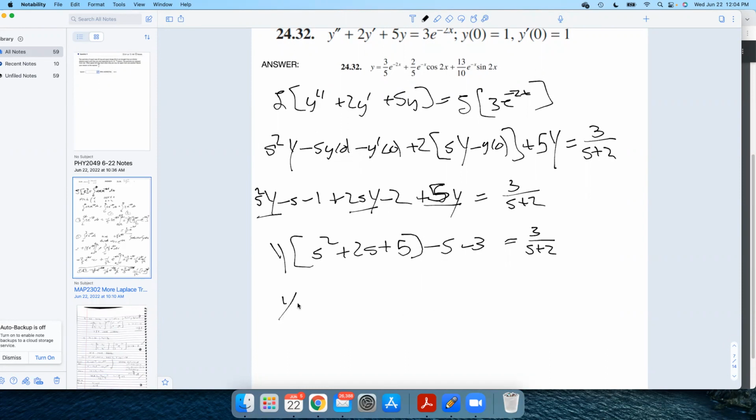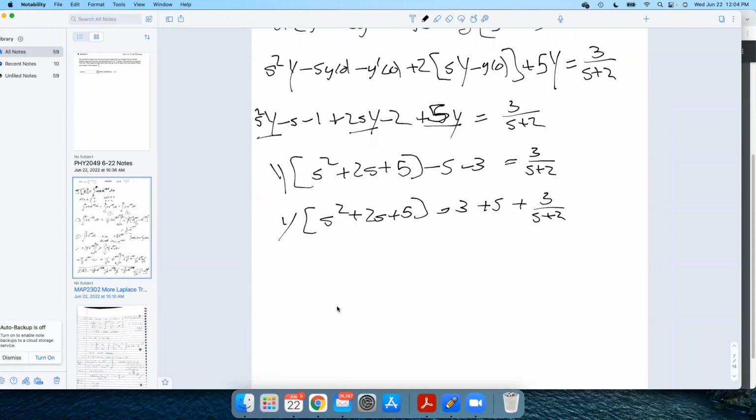Move those guys to the other side first. So 3 plus S plus 3 over S plus 2. Then divide by this thing.